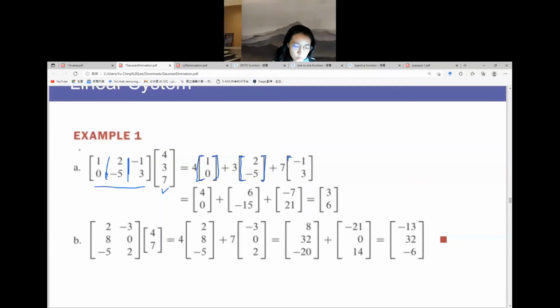The third column is written right here, and then multiplied by scalars 4, 3, 7. And then I do the calculations, and eventually obtain 3, 6. And similarly for the second example, I want to rewrite it as a linear combination.